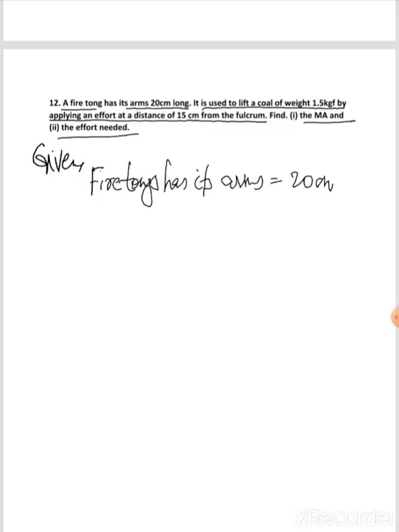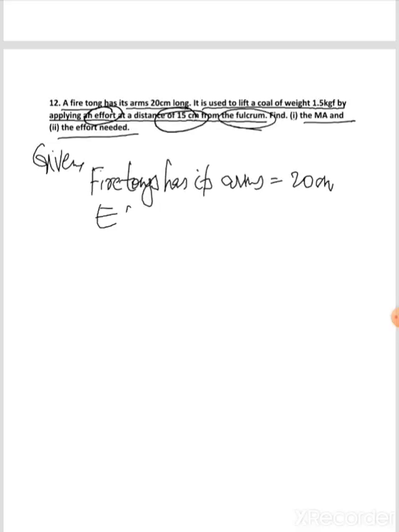So let's jot down the given thing. Given, the length of fire tongue, or you can say the arms of fire tongue, equals 20 centimeter. You're applying the effort at what distance? 15 centimeter from the fulcrum, so that would be your effort arm.